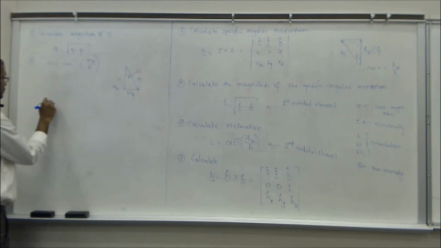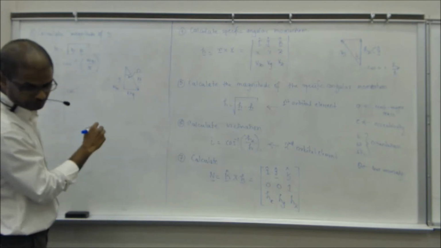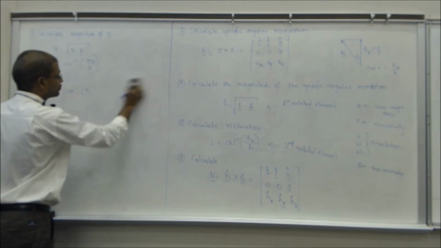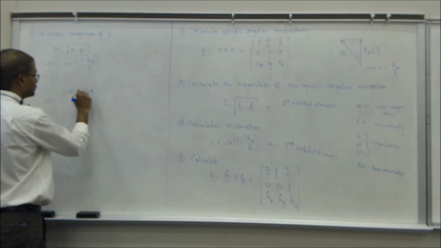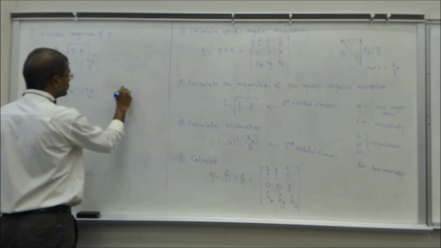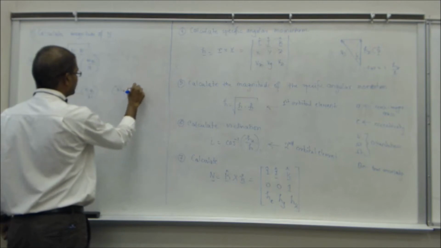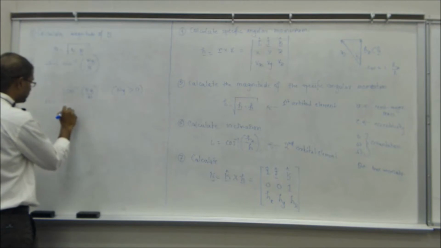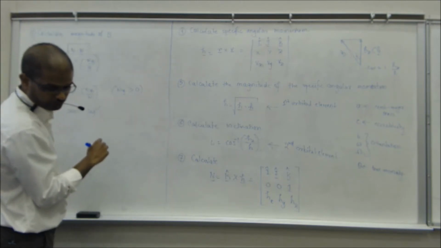Omega is cosine inverse nx over n if ny is greater than or equal to 0. That is, otherwise it is minus cosine inverse.